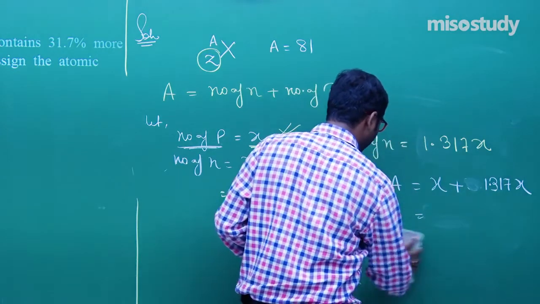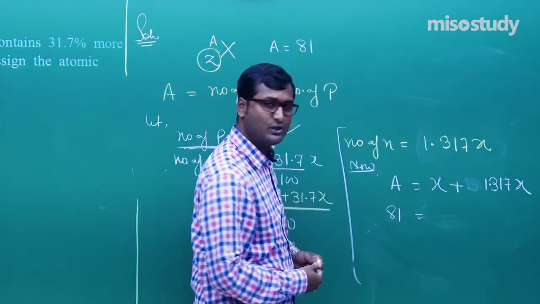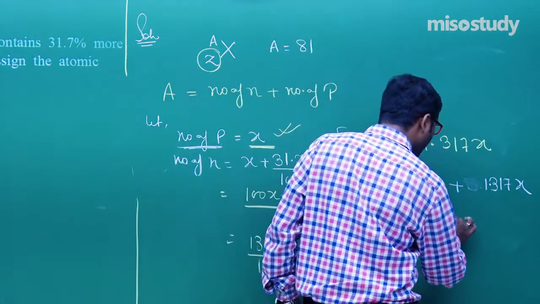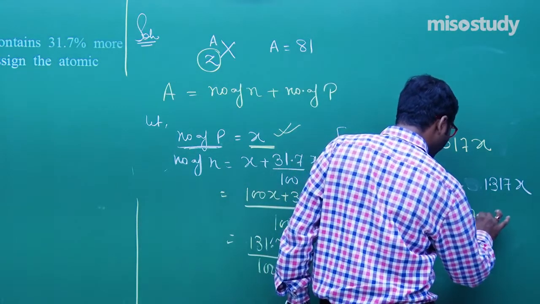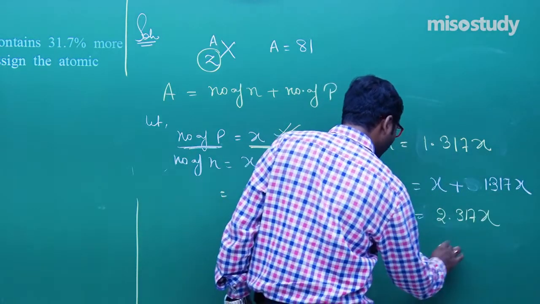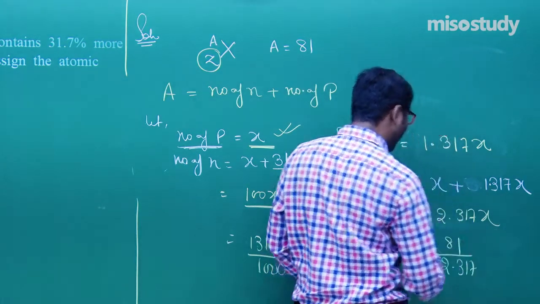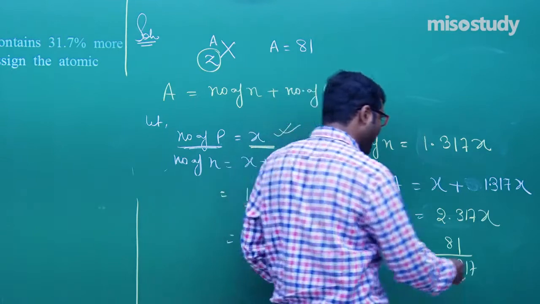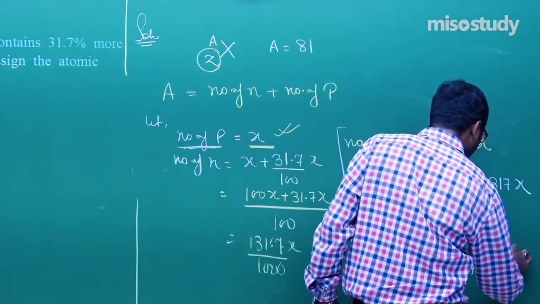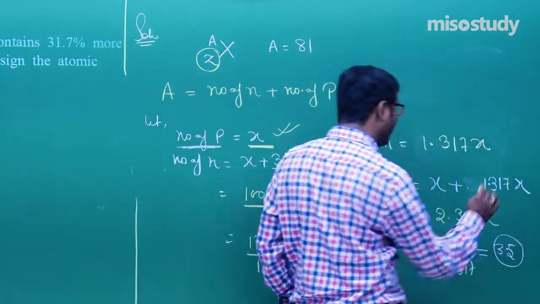There was a mistake. I was searching whether there were any mistakes or not. So it is 2.317X. Now what is X? 81 divided by 2.317. After solving, we get X equal to around 35.